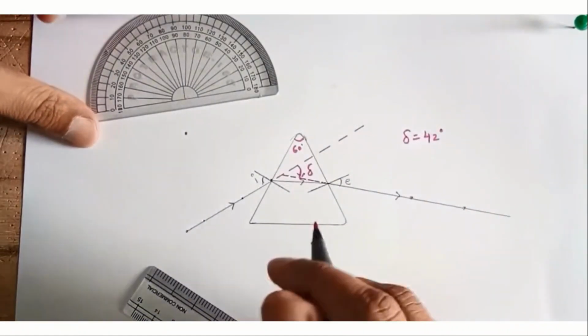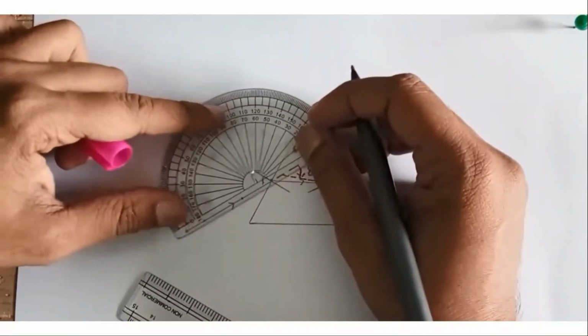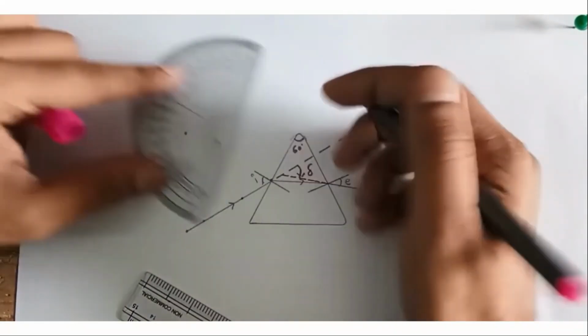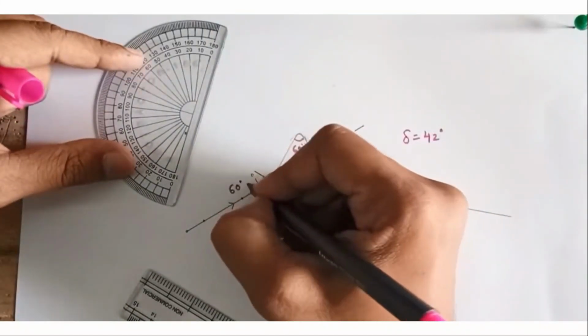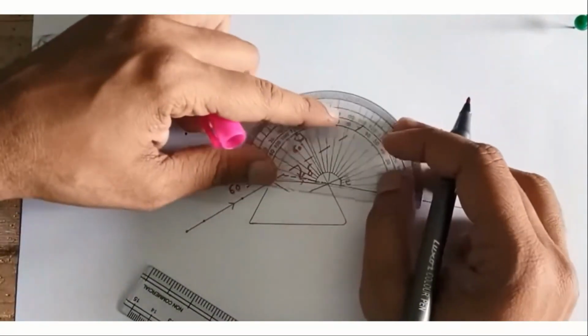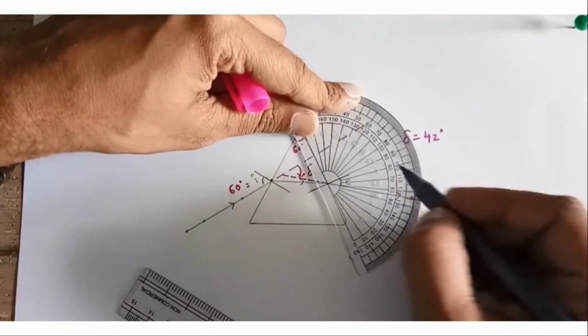Now we have to find out the angle of incidence and angle of emergence. We know that in the starting point itself we took the angle of incidence as 60 degree from the normal. So angle of incidence is 60 degree. Now we are going to measure the angle of emergence also by placing the protractor on that normal line and also on the extended line.